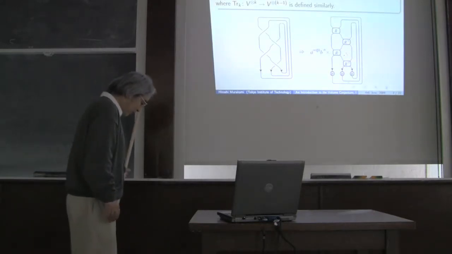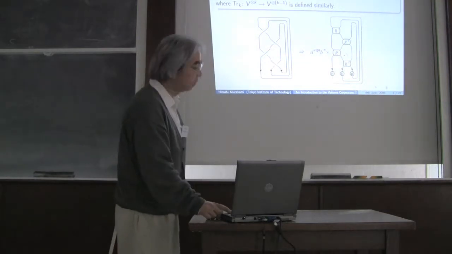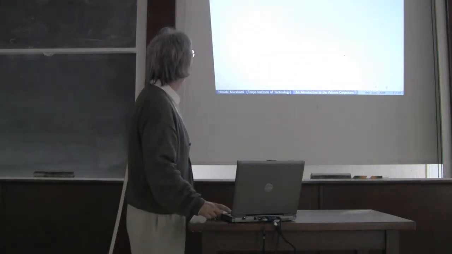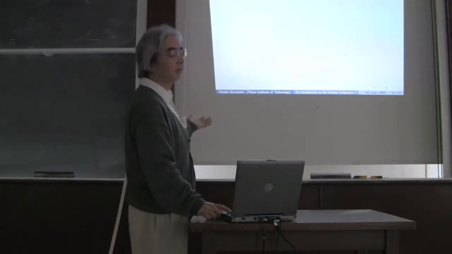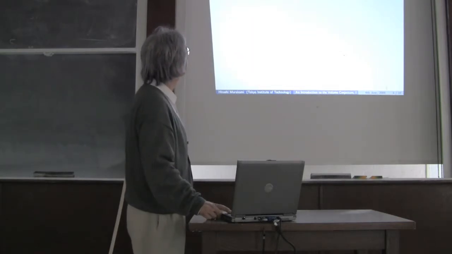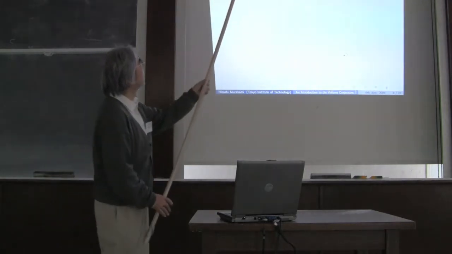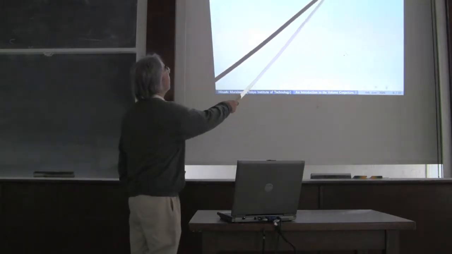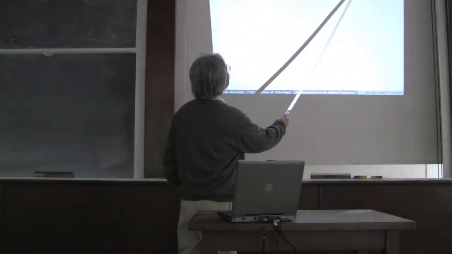So I'll show you very roughly the idea of the proof. What we have to prove is that, of course, T is invariant under first the braid relation, and then conjugation and stabilization. So we first prove invariance under the braid relation. So this is the essential relation of the braid.